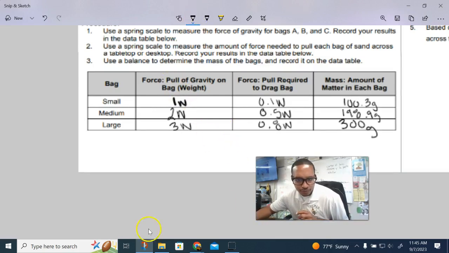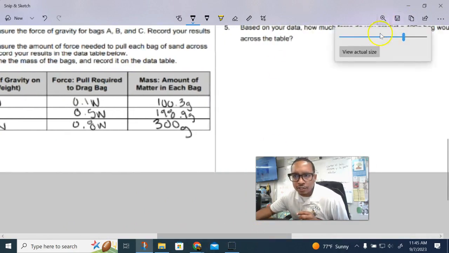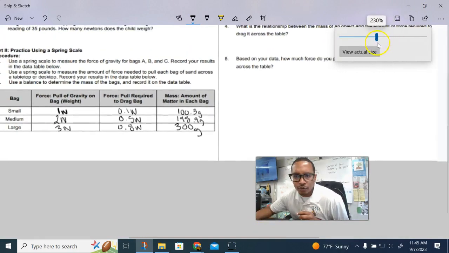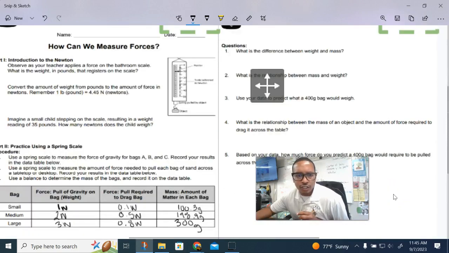All right, cool. So we're going to have to be flipping back and forth between these things. So I'm going to go ahead and make this just a little bit smaller so we can see both of them at the same time. Okay, we're good there. Then we're just going to scroll up. The first one is, what is the difference between weight and mass?